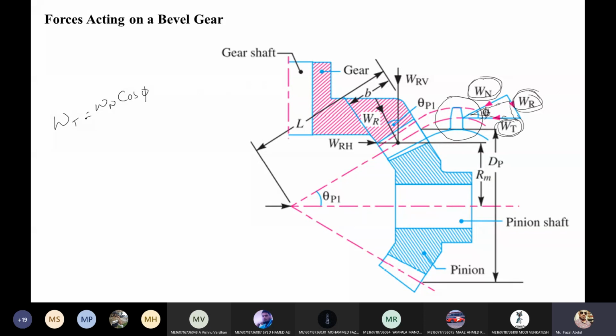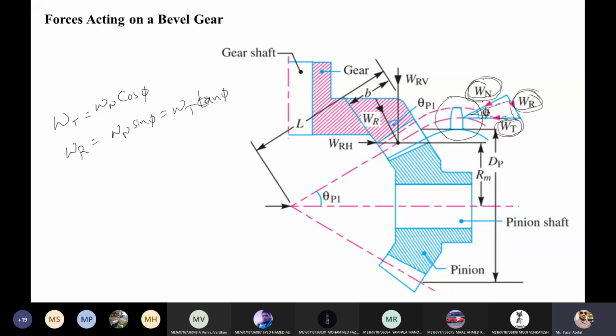So from this relation, WT equals Wn cos phi, and radial load WR equals Wn sin phi, otherwise WR equals WT tan phi.